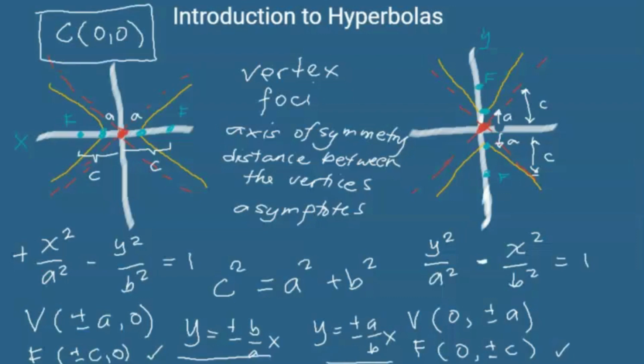Please remember that the equations of the asymptotes and the coordinates of the vertices and the foci are only true for center 0, 0, or at the origin. If the center is at (h, k), then everything will be different.